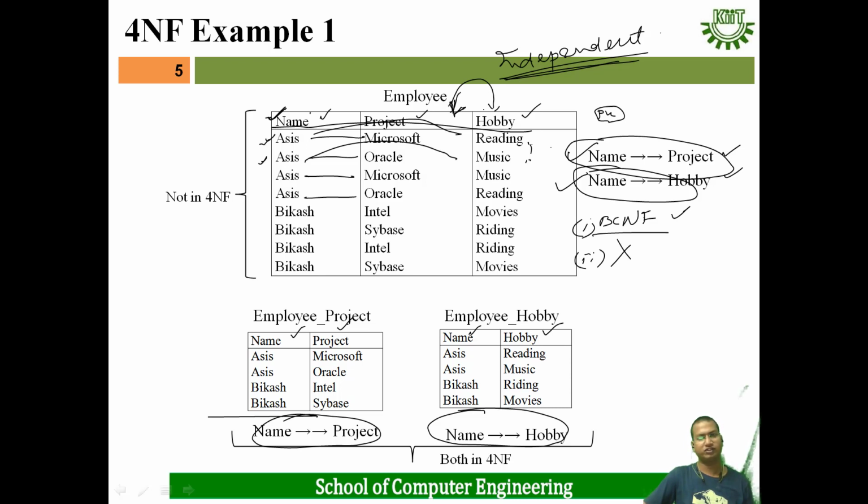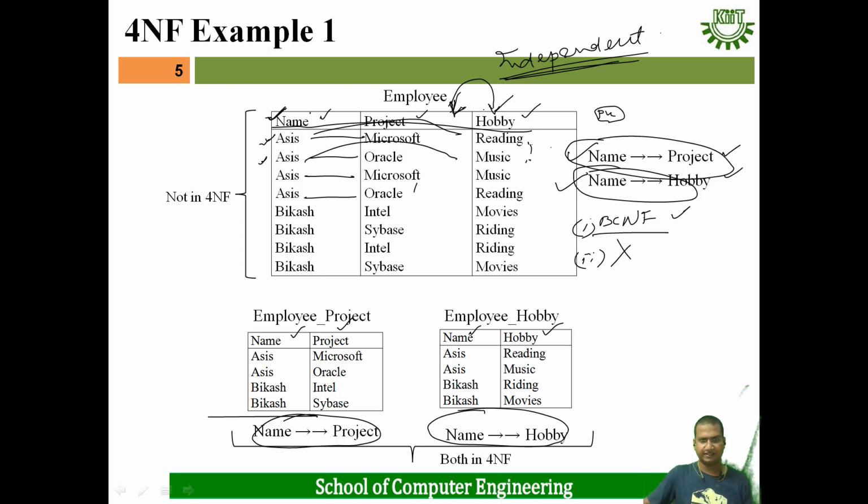If we avoid that by breaking the original relation into multiple relations, then redundancy can be reduced.